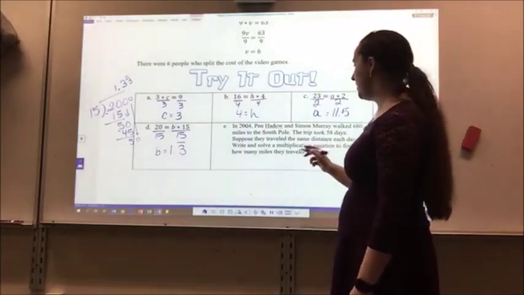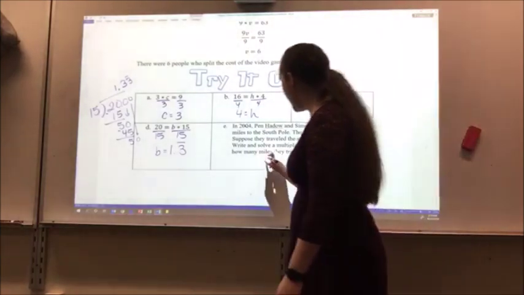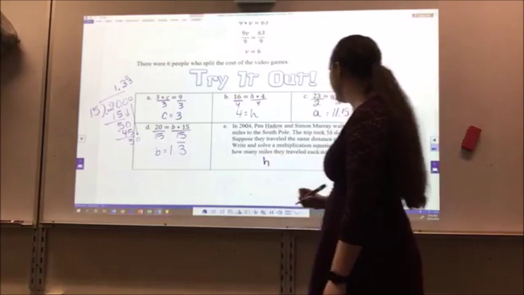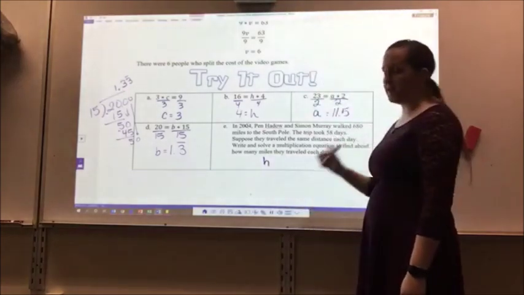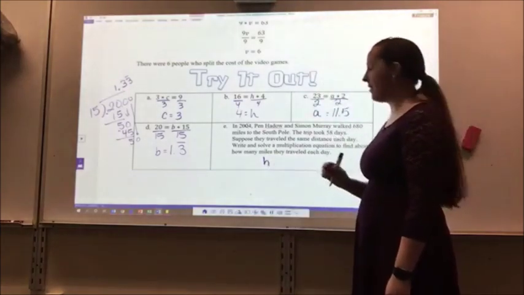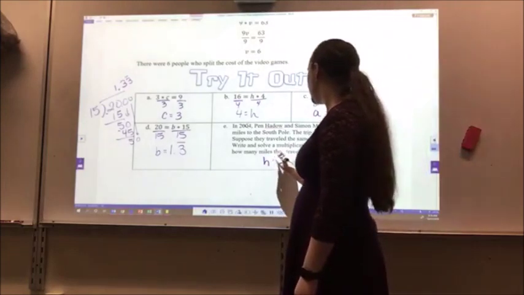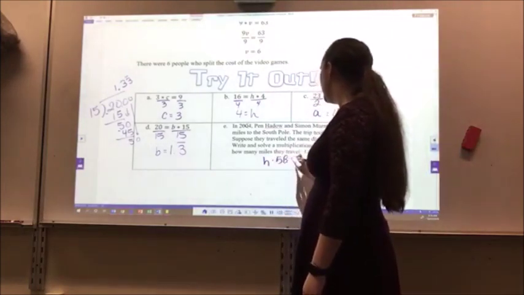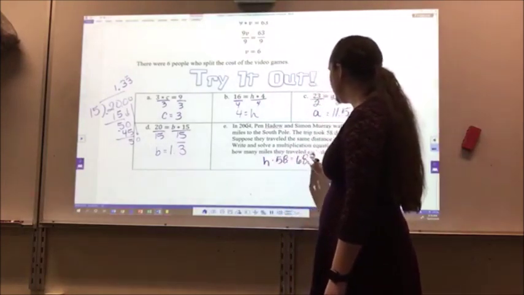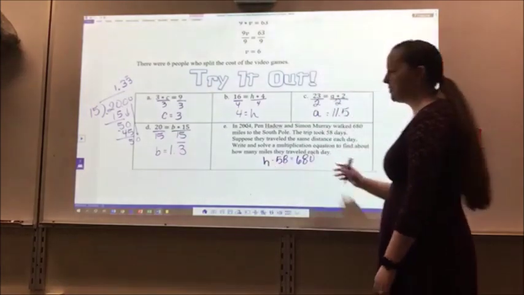I'm going to set up my equation and use H for the number of miles traveled each day. It took 58 days. H times 58 equals 680. That's my equation.